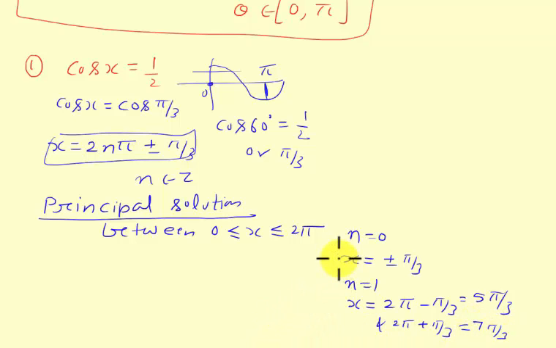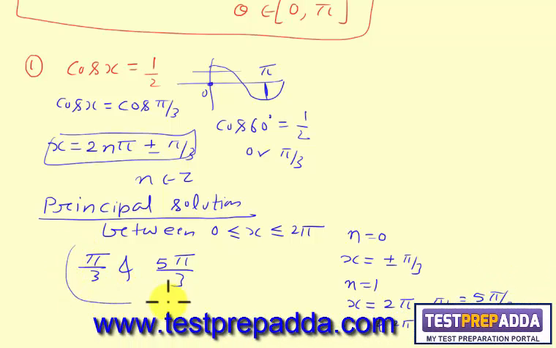So what angles belong to 0 to 2 pi interval? Pi by 3 and 5 pi by 3. So pi by 3 and 5 pi by 3 will be considered as principal solutions of cos x is equal to half.